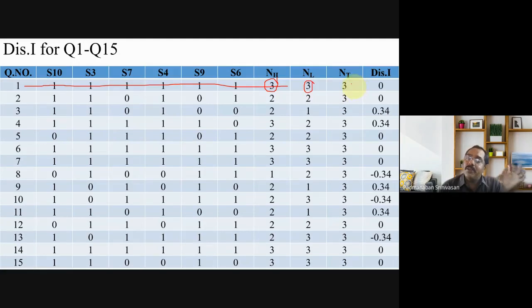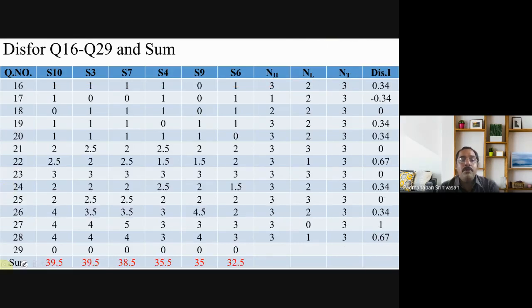The total number of students in each group is 3. Therefore, it is 3 minus 3 divided by 3, so the discrimination index is 0 for the first question.